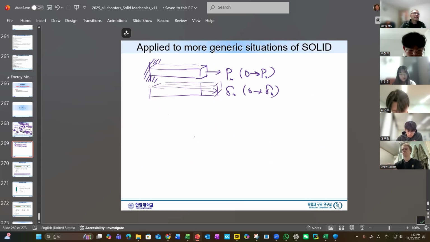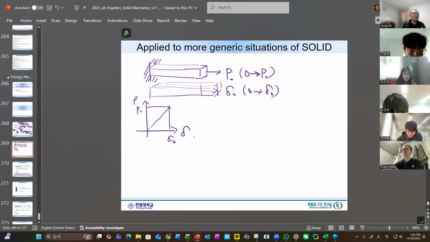And here is exactly the same as the spring. We have a P versus the delta. There will be a linear relation like that, and then we reach the P0, and the deflection will be delta zero. So the same concept.